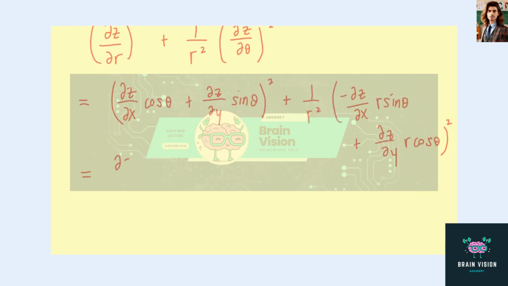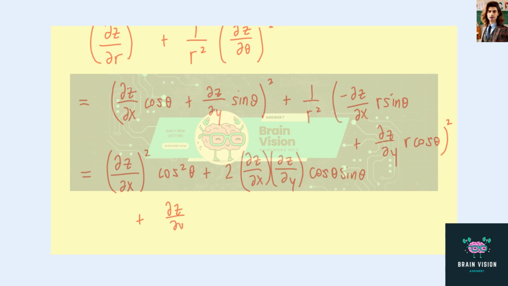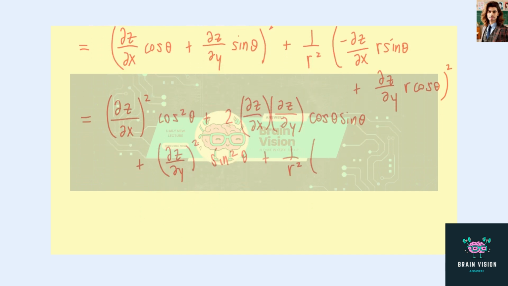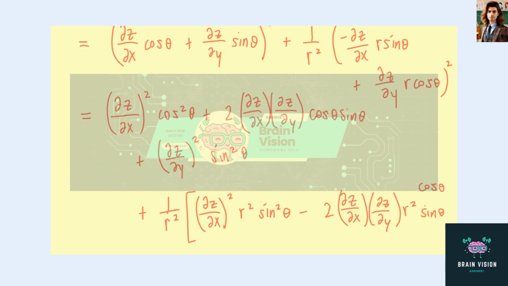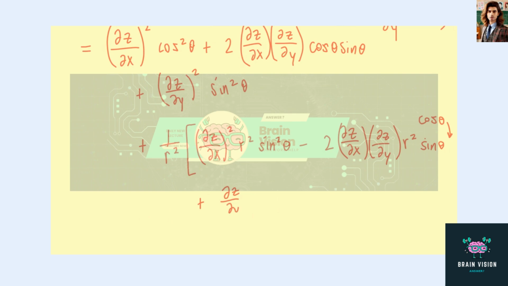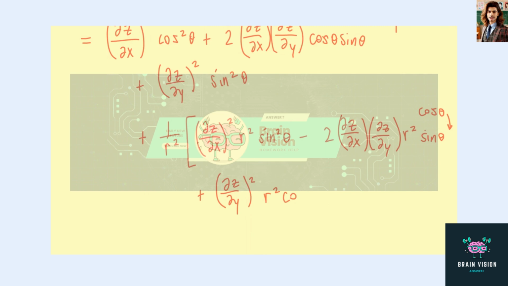So let's expand these. We get partial z partial x squared times cosine squared theta plus 2 times partial z partial x partial z partial y cosine theta sine theta plus partial z partial y squared times sine squared theta plus 1 over r squared, I'll put this on the next line, times partial z partial x squared r squared sine squared theta minus 2 times partial z partial x partial z partial y r squared sine theta cosine theta plus partial z partial y squared times r squared times cosine squared theta.